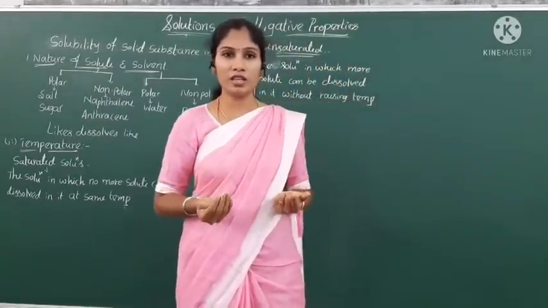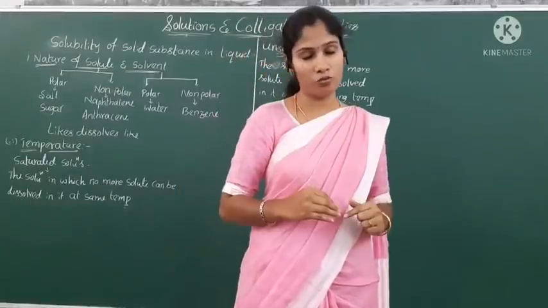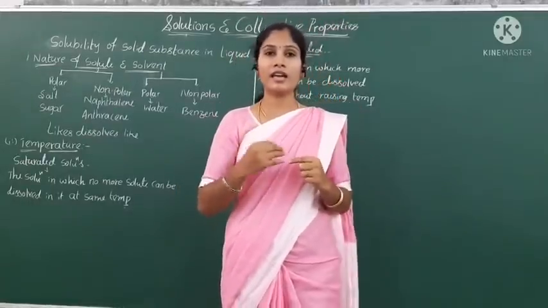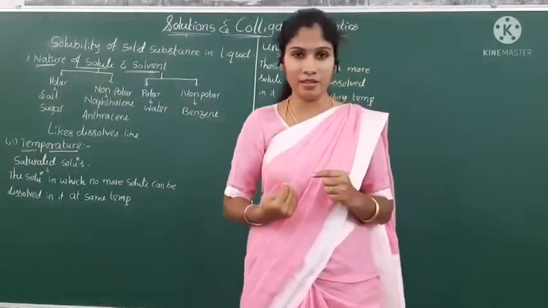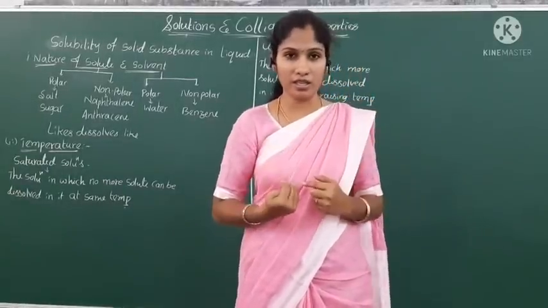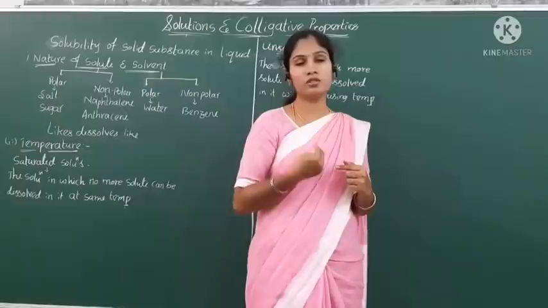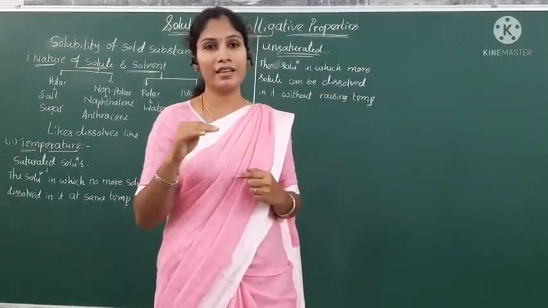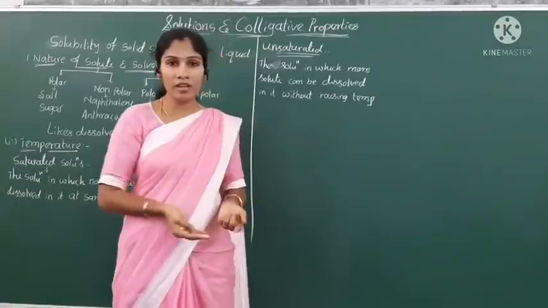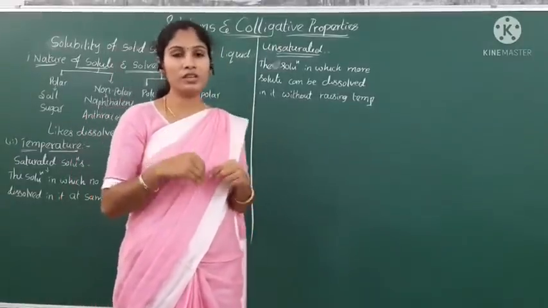What we observe here is that the sugar cannot dissolve in water, because water can dissolve only some amount of the solute, which has already been added. When we add a further amount of sugar, it cannot dissolve. That means the water cannot dissolve more solute.